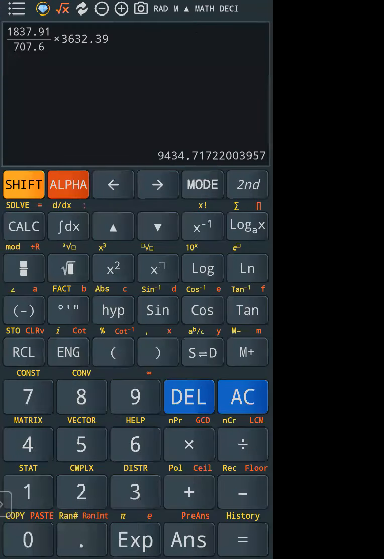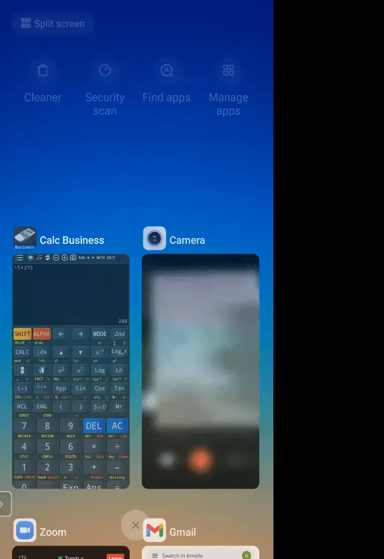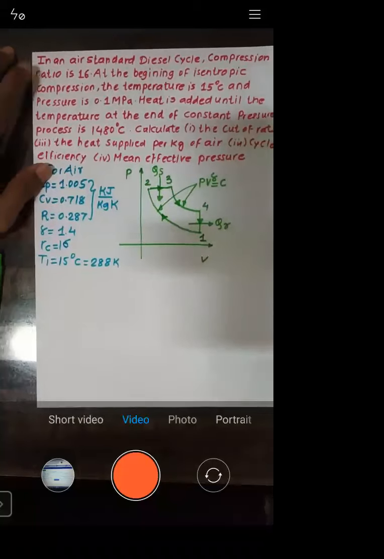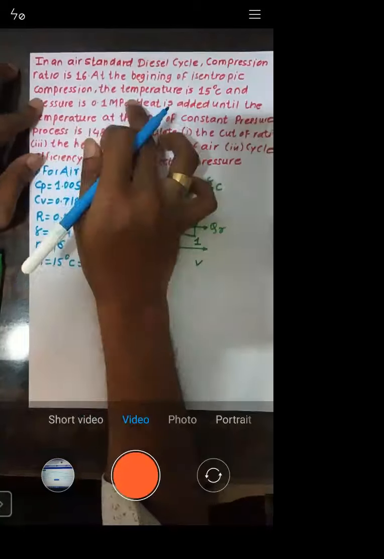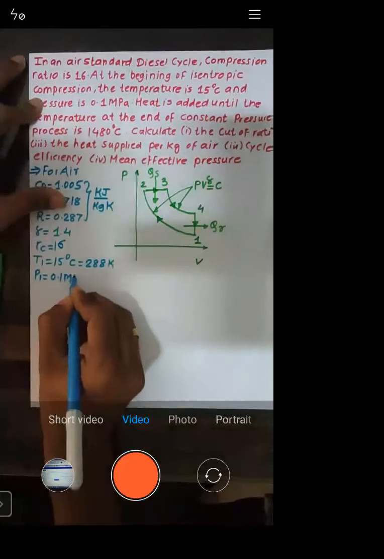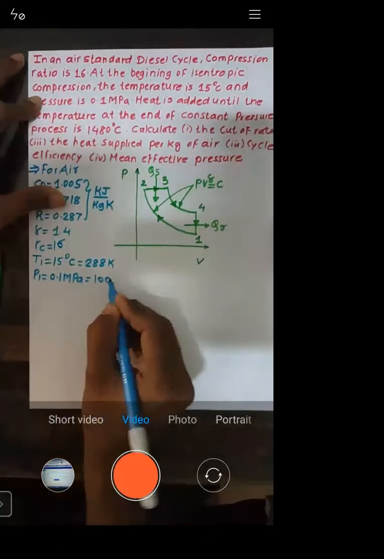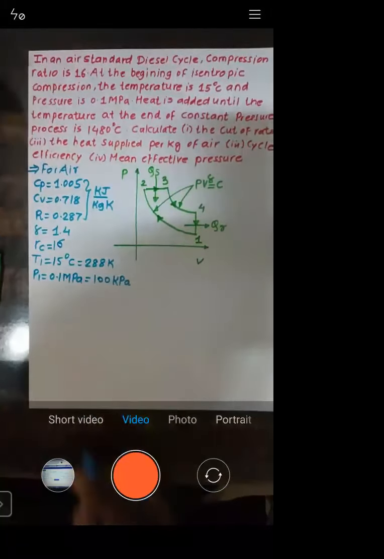The pressure P1 is 0.1 megapascal, and we multiply it by 1000 so it becomes 100 kilopascal.